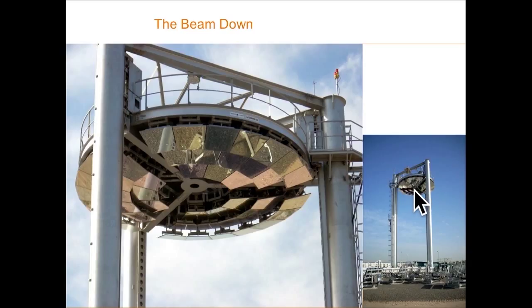But this dome is not the receiver. The dome is again composed of mirrors, so the light which is received is going to be concentrated again in a focal point located at ground level.